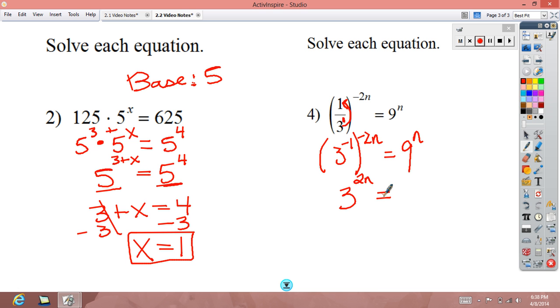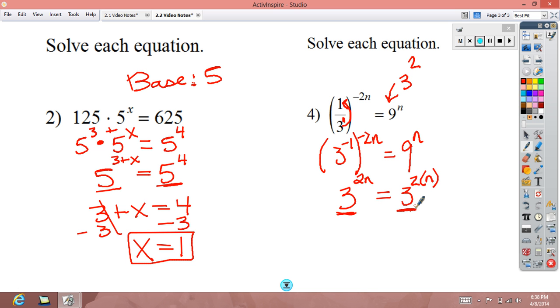All right, but I'm not going to write this side yet because, again, I need my goal of getting the bases the same. Okay, the base is the same. And so hopefully you notice that this 9 can be pretty easily changed into 3's, right? We know that 9 is 3 squared. And so here I have 3 squared, but I already have this n here, right? So this again is times n. And so now I have the same bases.